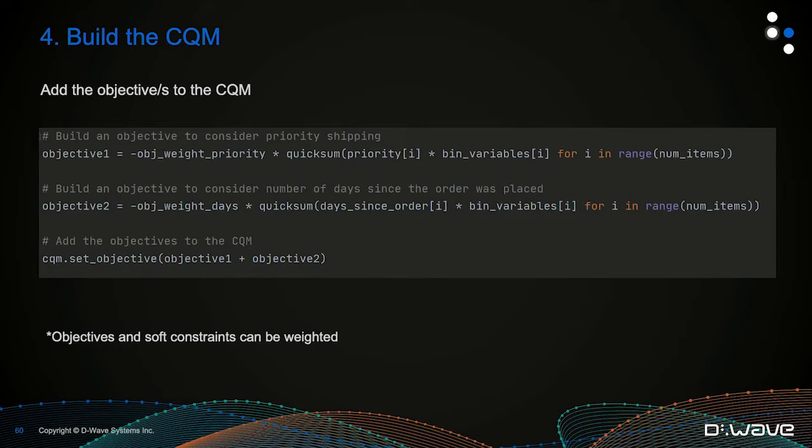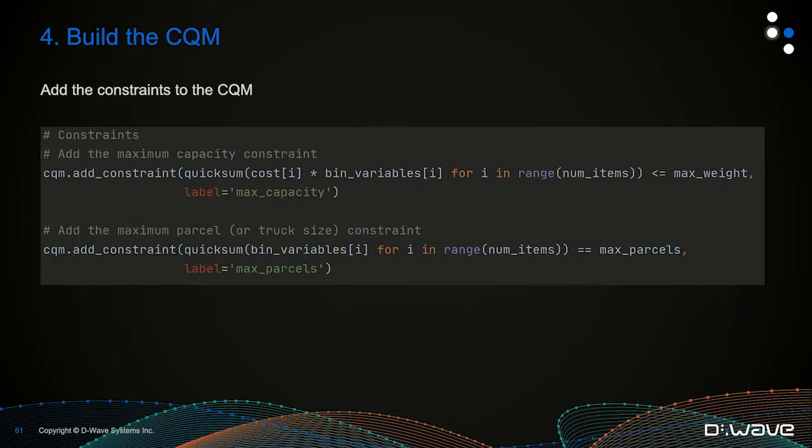Then to add objectives to the CQM, notice in the last line, we're using the set objective function, and I'm adding both objective 1 and objective 2 together at the same time when I use set objective. This is important because set objective will replace the objective that's already there. So if you have multiple objectives, you'll want to add them all together at the same time when you're setting the objective. But again, using symbolic math, we're able to add quadratic models together very easily. So it's still an easy thing to do.